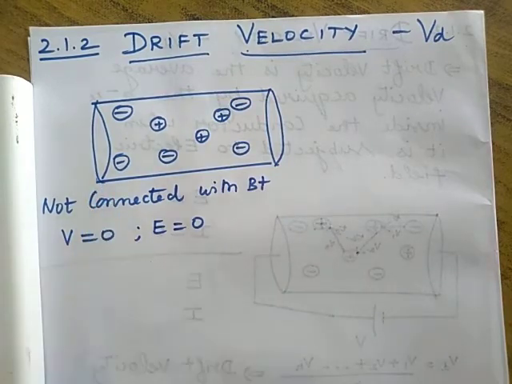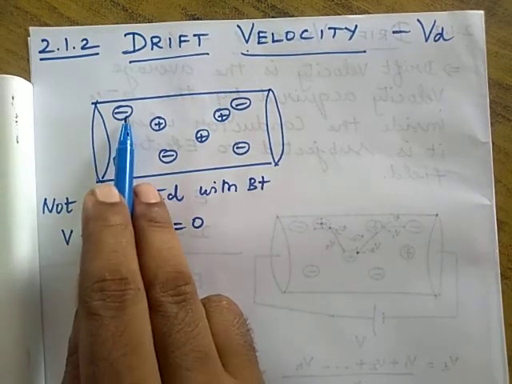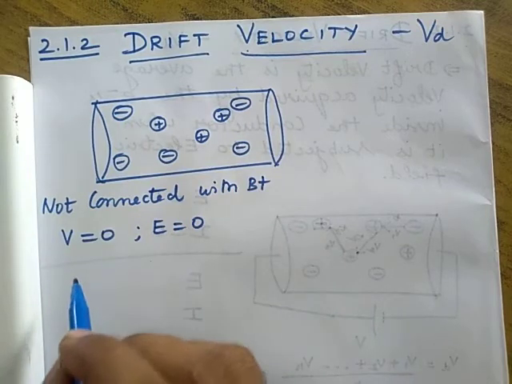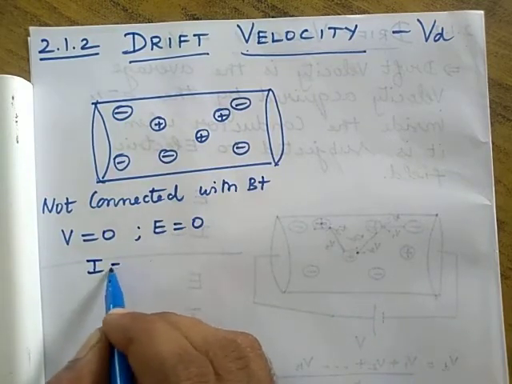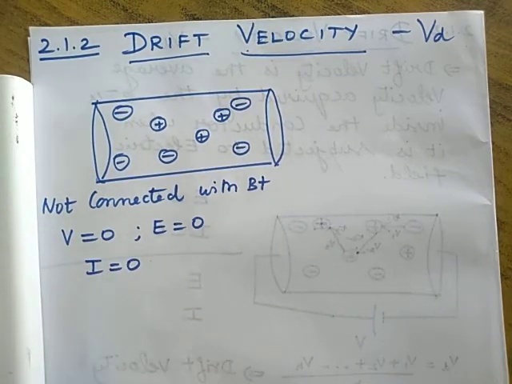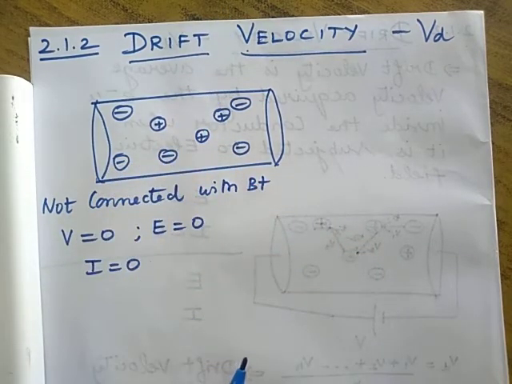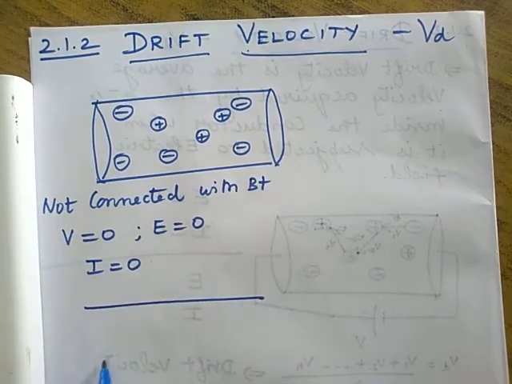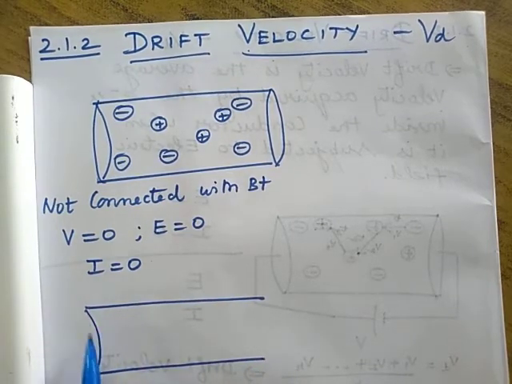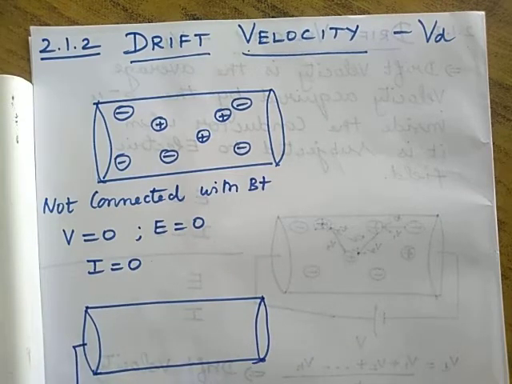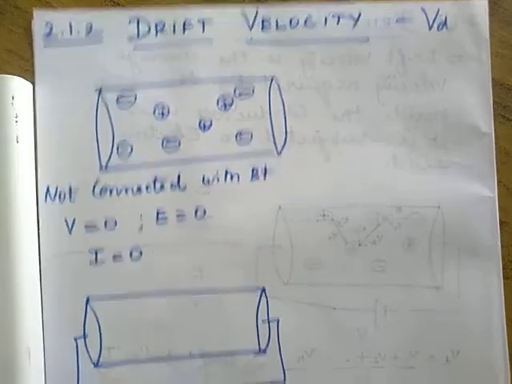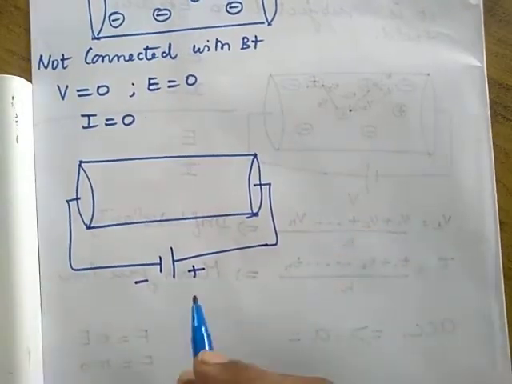At a given temperature, the free electrons move in a random manner, so the net current must be 0. Now suppose this conductor is connected to a cell or battery. This is a higher electric potential, this is a lower electric potential.